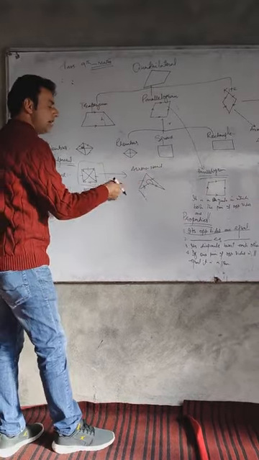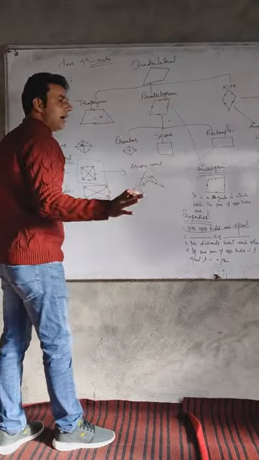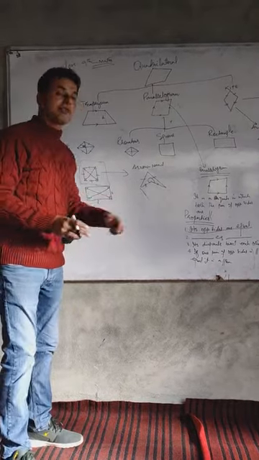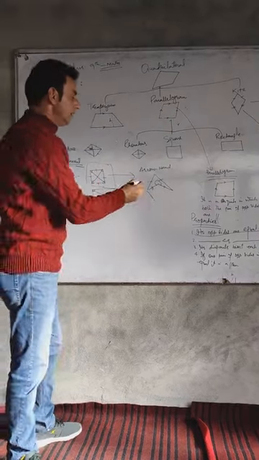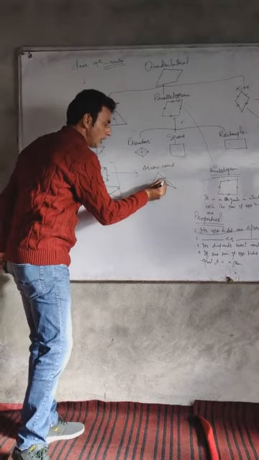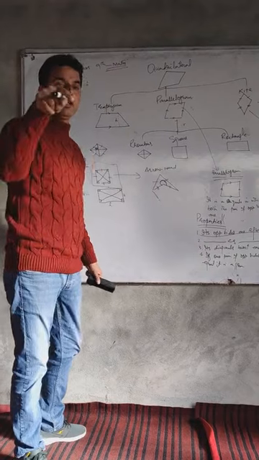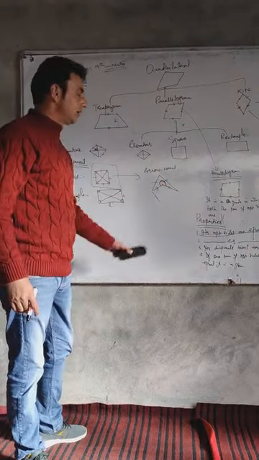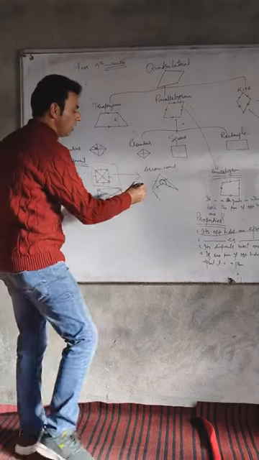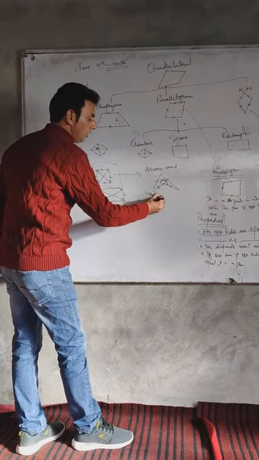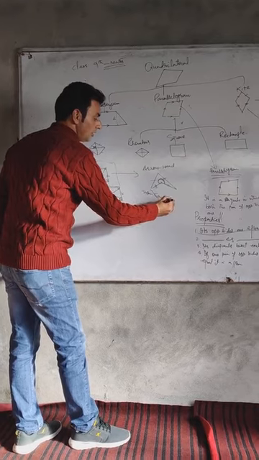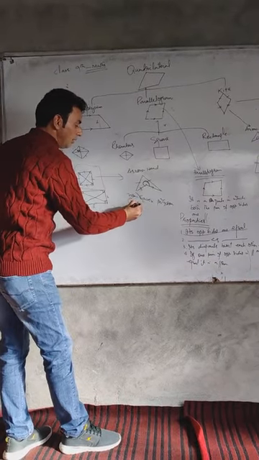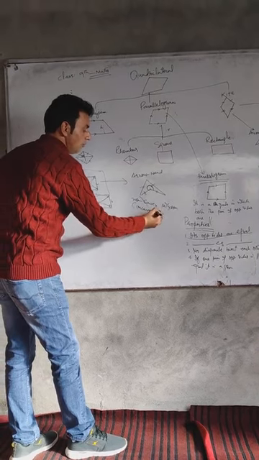But the difference between an arrowhead and the main kite is that an arrowhead is a kite which has one reflex angle. Reflex angle means more than 180 but less than 360 degrees. This is a reflex angle, and this arrowhead is also called a non-convex polygon, or simply a concave polygon.